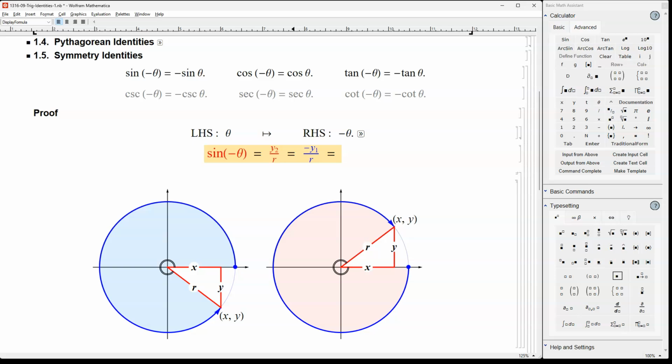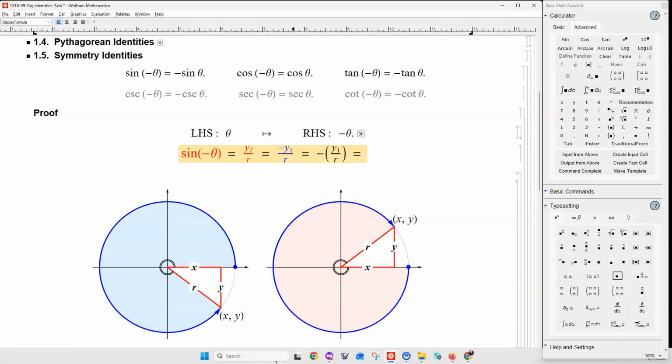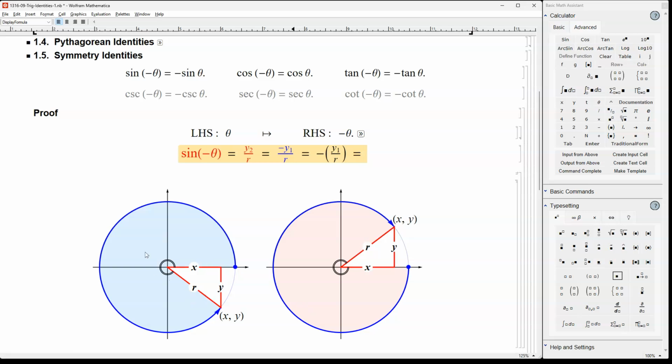So this is basically negative of y1 over r. And what is y1 over r? Y over r here in the first picture, that's sine. And we took negative out, so this is negative sine of theta.